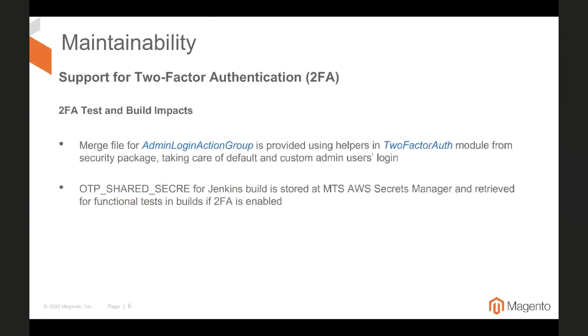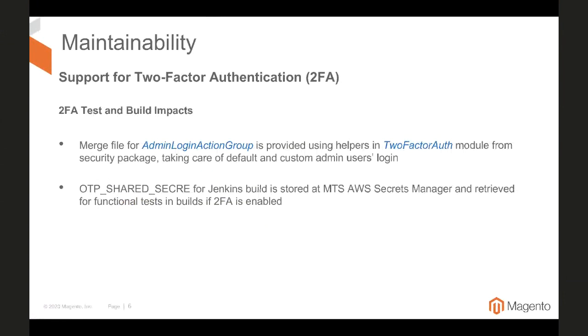So what's the impact on tests and builds with 2FA enabled? Hopefully, with the effort from the security package from the CIA team, this will be seamless for most MFTF users.